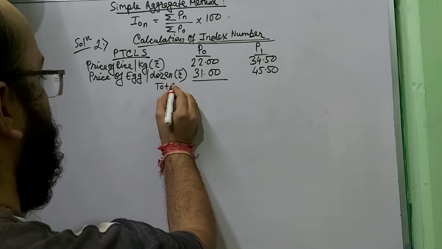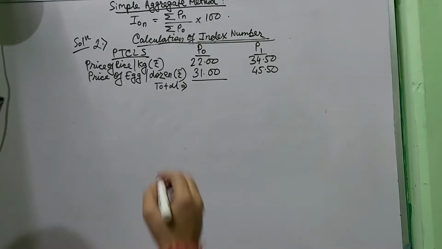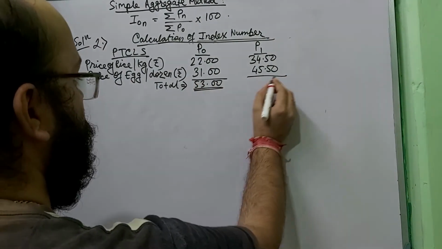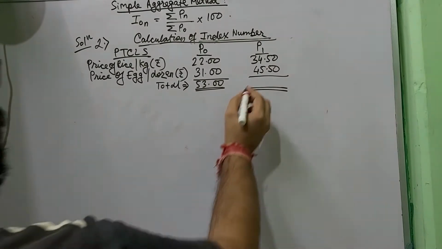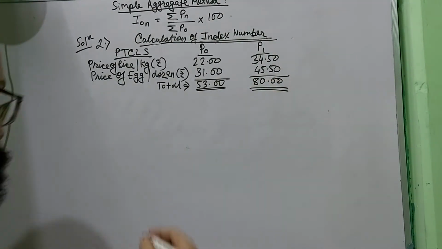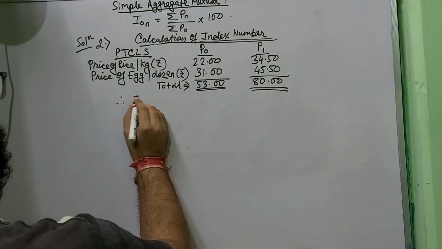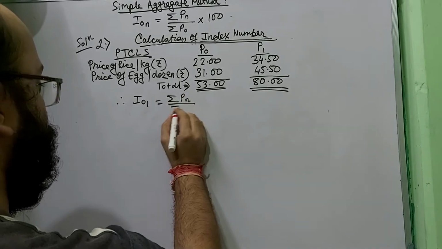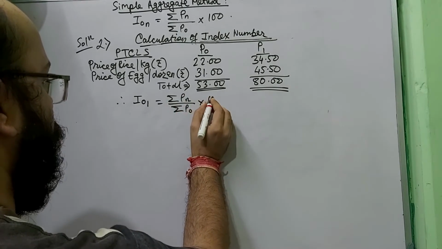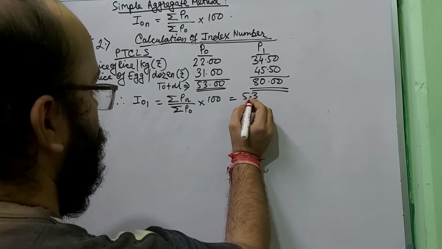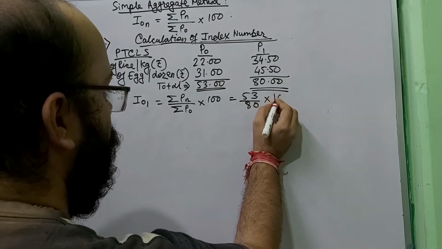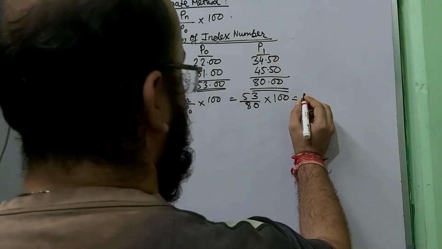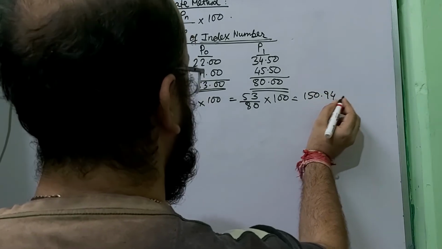You make the total, it becomes 53 and it becomes 80. So I01 is equal to summation of Pn by summation of P0 into 100, 53 by 80 into 100. Here we are considering price per kg. So it is 150.94.